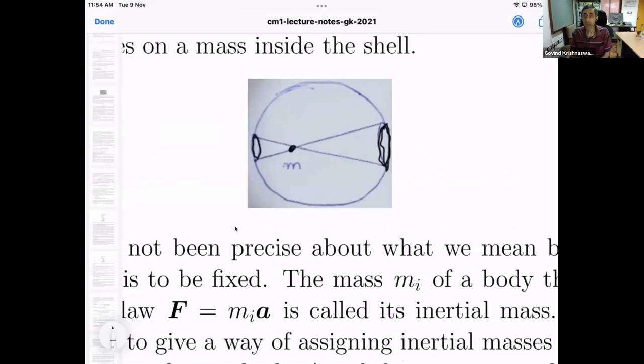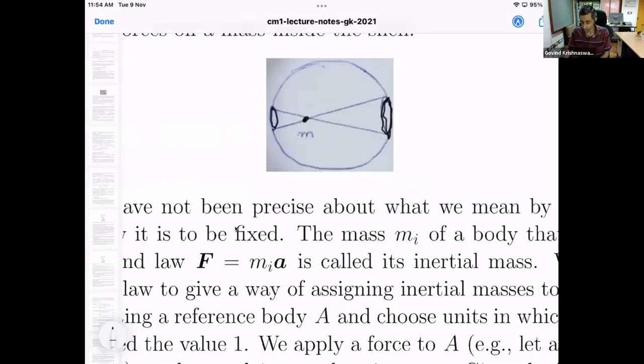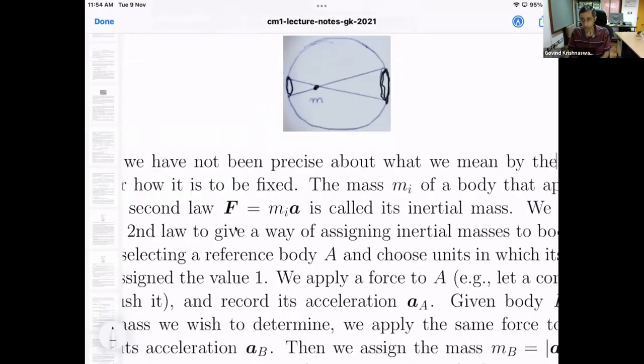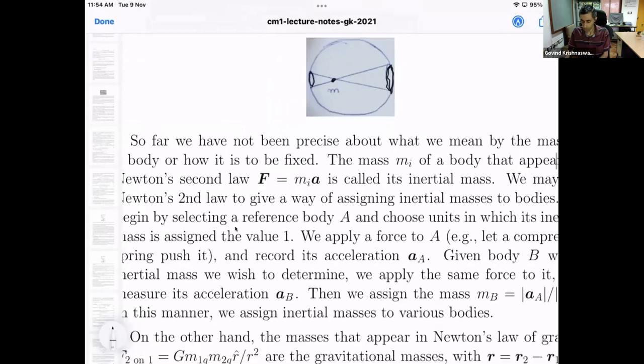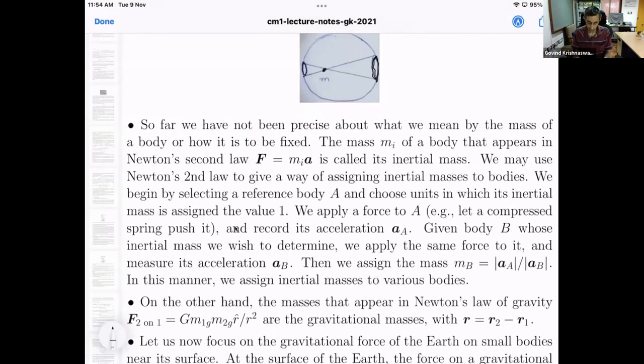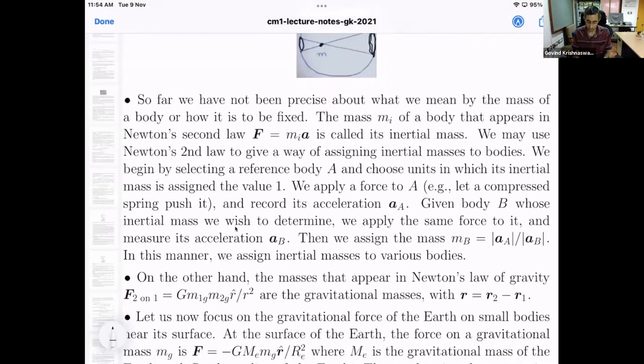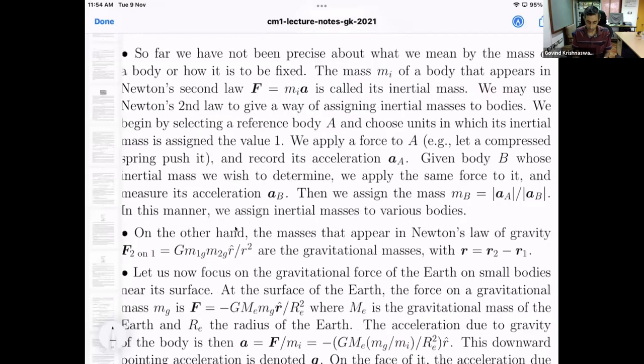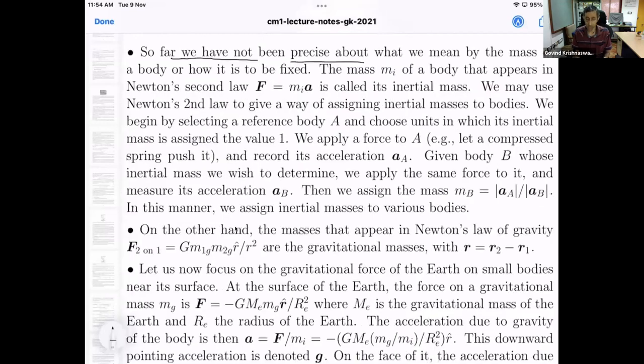And this made essential use of the inverse square nature of the gravitational force proposed by Newton. Now, I want to make a few comments about what we mean by mass. So let me begin by saying that so far we have not been precise about what we mean by the mass of a body or how it is to be fixed.